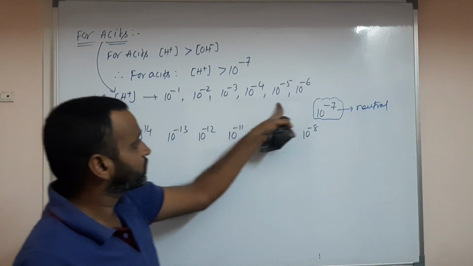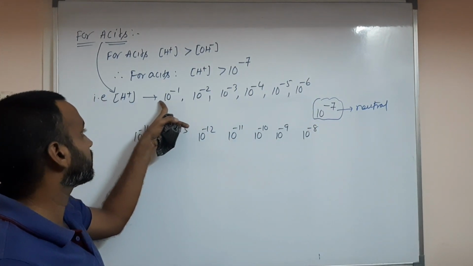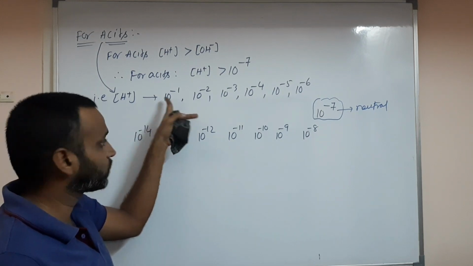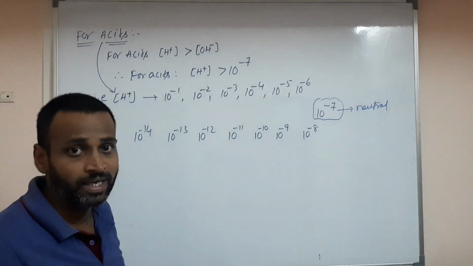From 10 power minus 1, and actually even 10 power 0 to 10 power minus 1, comes under very strong acid.